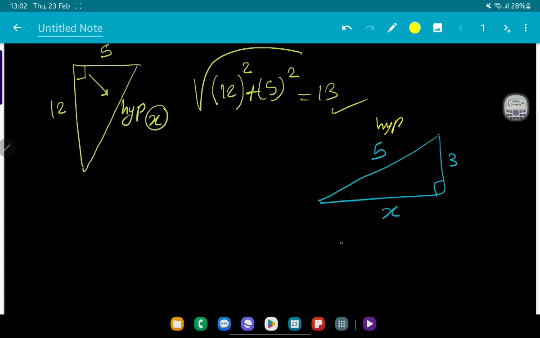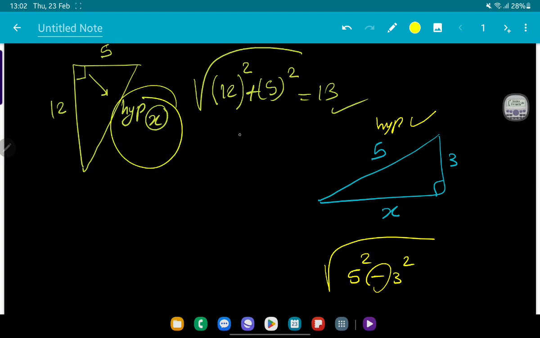So we write on the calculator root of 5 squared and 3 squared, but adding will give you an answer greater than the hypotenuse. It's not accepted, so we subtract. If you have the hypotenuse, we subtract. If you miss the hypotenuse, we add. Now we subtract. By the calculator, this will be root of 16, which is 4. Now the missing side is 4.